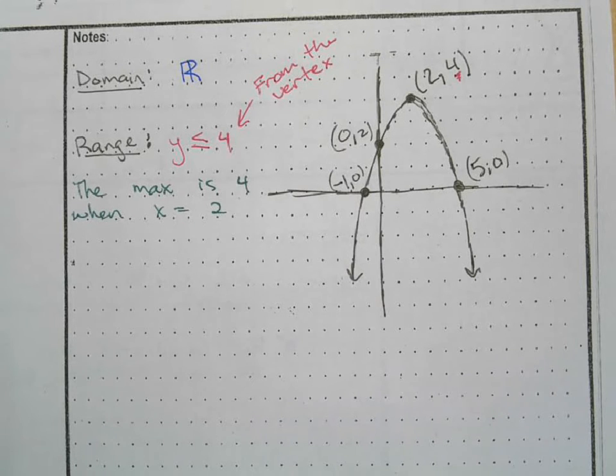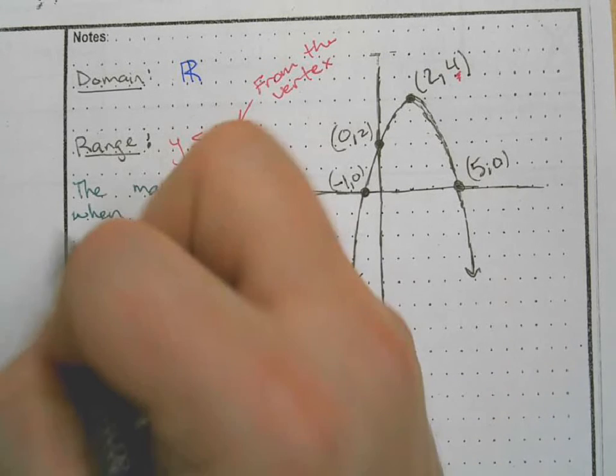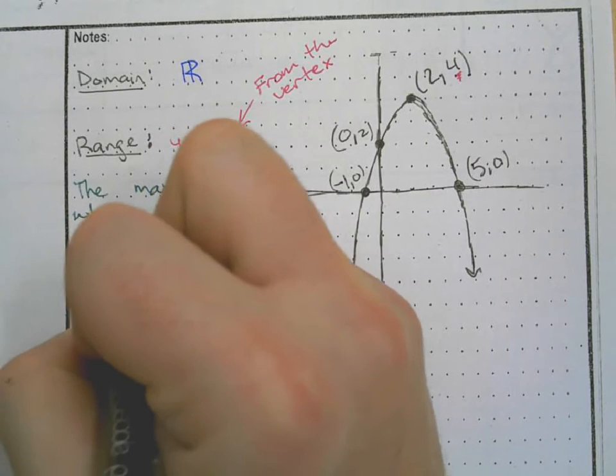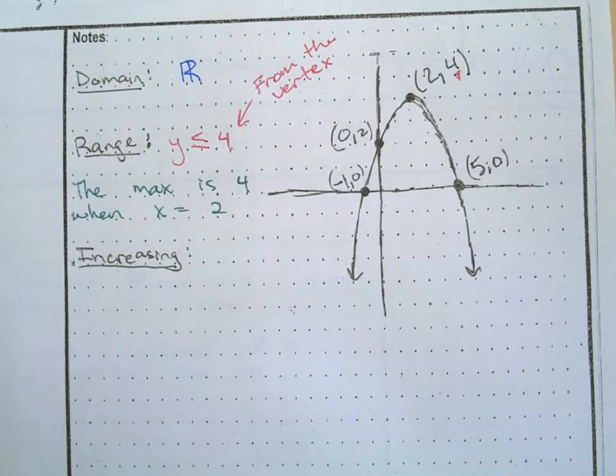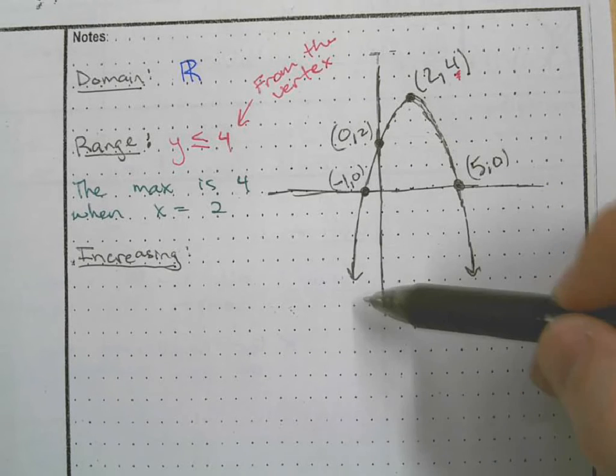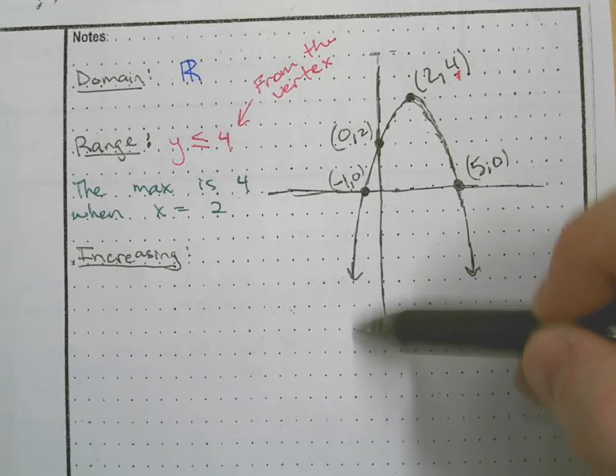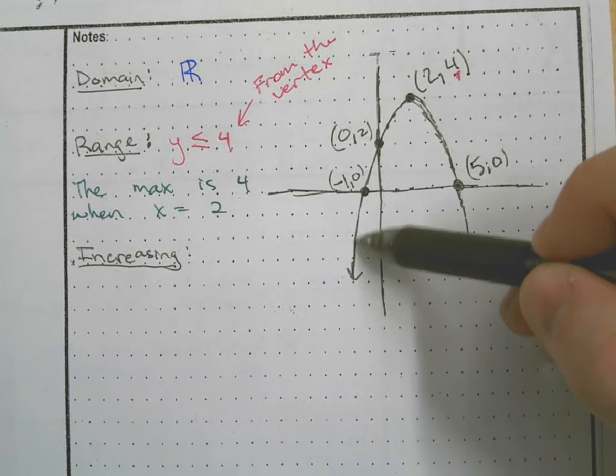And then our increasing and decreasing intervals. So where is this graph increasing? Well, I need to use x values to tell me where the y values are increasing. I travel the graph from left to right, and as I'm traveling the graph, I'm going up.